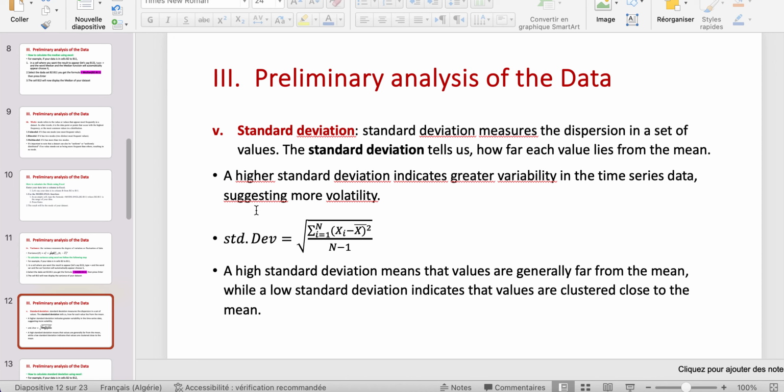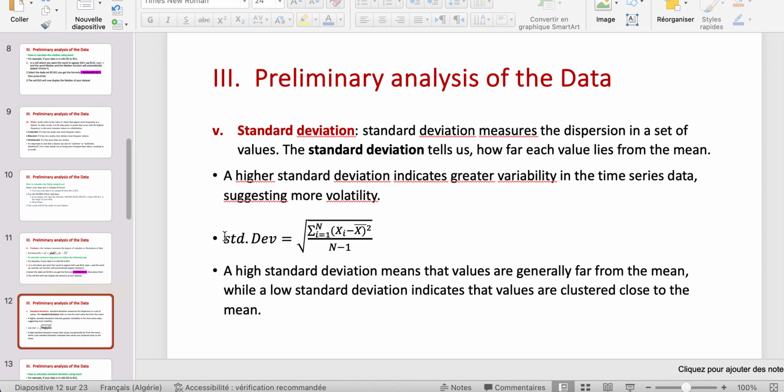So a higher standard deviation indicates greater variability. If you have a high standard deviation, you conclude that the data show greater variability. In the opposite case, a low standard deviation means that the values are clustered close to the mean.